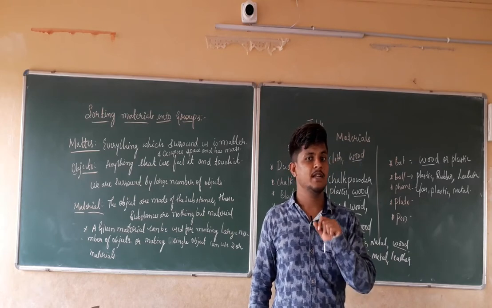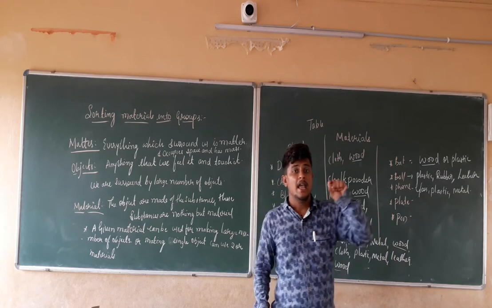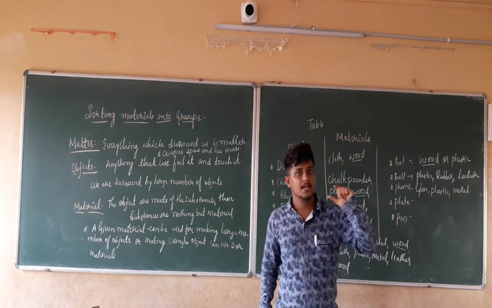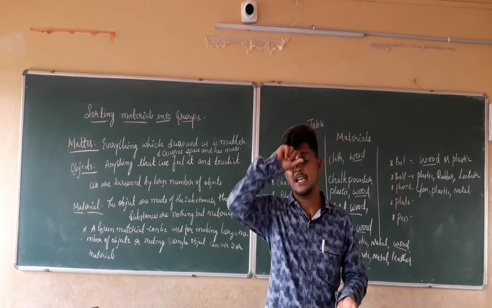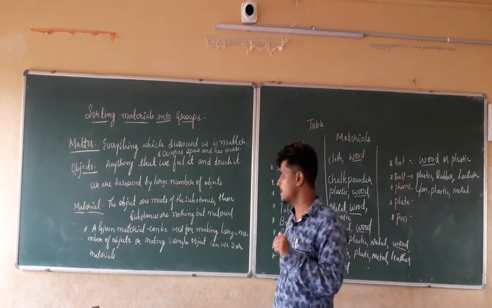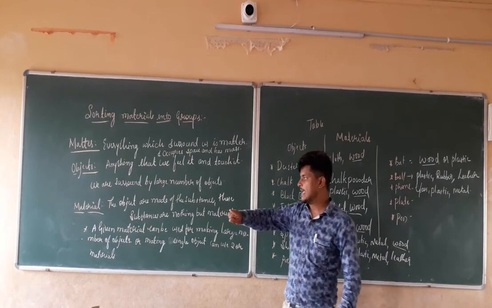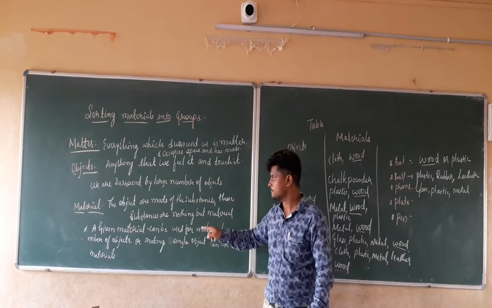In the same manner, a single material can be used for the production of different objects, and a single object can be produced from different materials. A given material can be used for making a large number of objects.